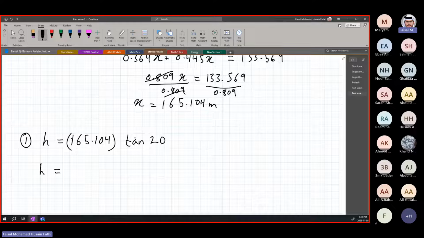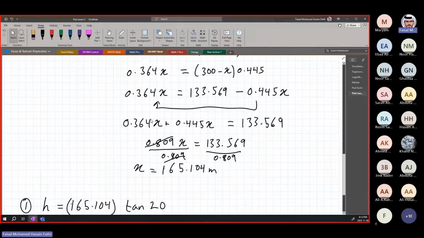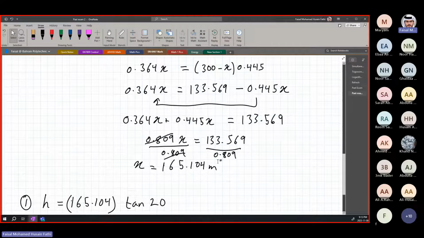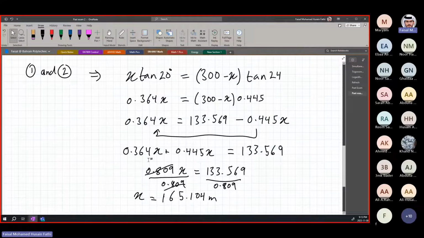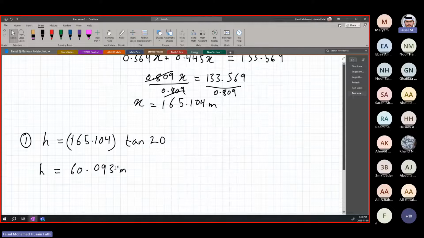Multiply this by tan 20, and in my case I got 60.093. I think the answer should be exactly 60, but because I simplified tan 20, it came out slightly different. So yeah, that's basically it. We found our height, 60.93 meters, and simple, easy.